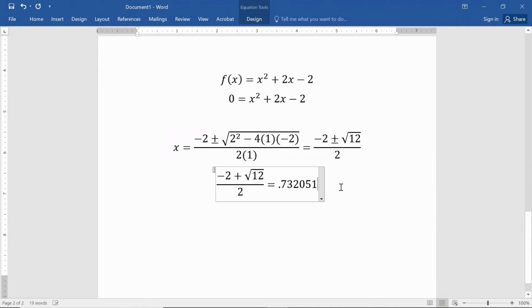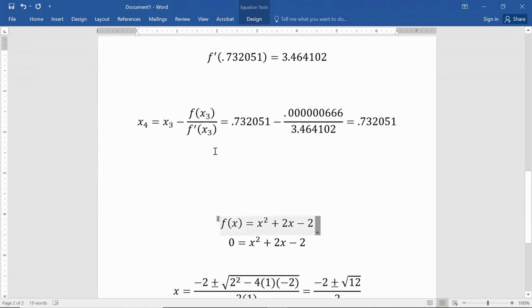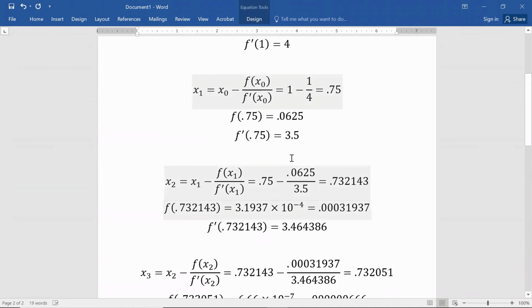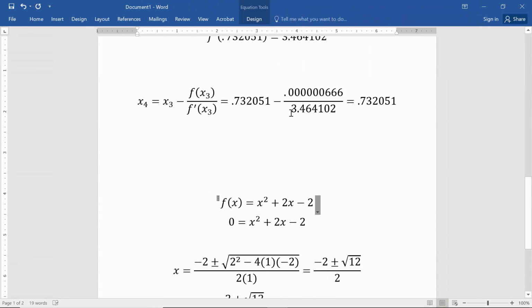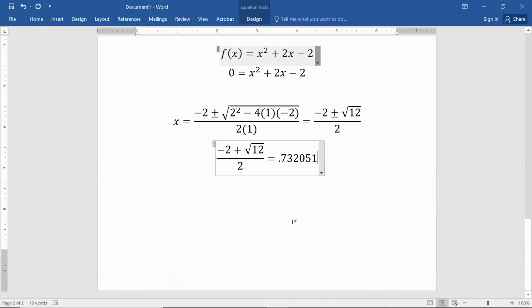I want to state for the record that Newton's method found one of the roots because I started with an initial guess of 1. If I would have started with an initial guess of -3, I would have gotten the other root. So that's what's going on. So that's the power and niceness of Newton's method.